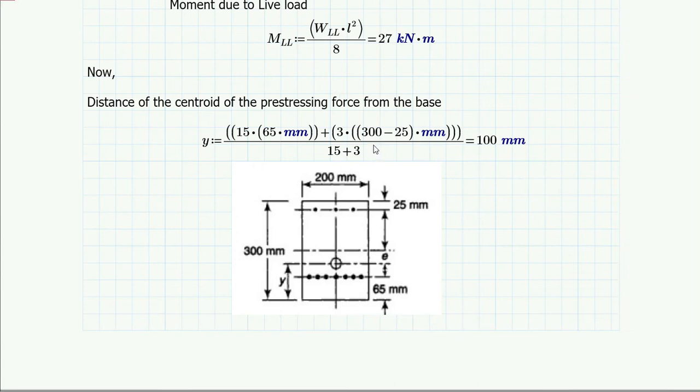If I do the calculation, you can find out the position of the centroid from the base of the section, which is 100 mm.